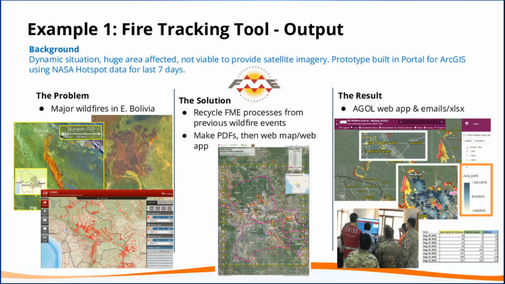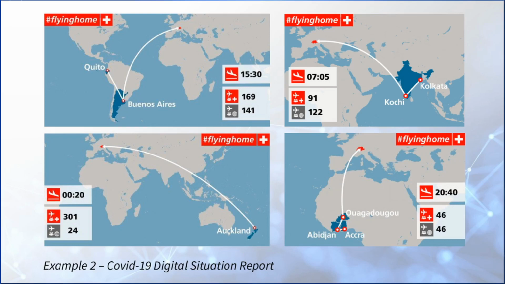And I then moved to ArcGIS Online, a web app, and some emails with Excel added in. And this became, certainly it was used for the coordination of the firefighting efforts. So where they were actually sending their planes, including for the pilots. And it also integrated data which the Bolivian authorities sent us, which was also very much appreciated.